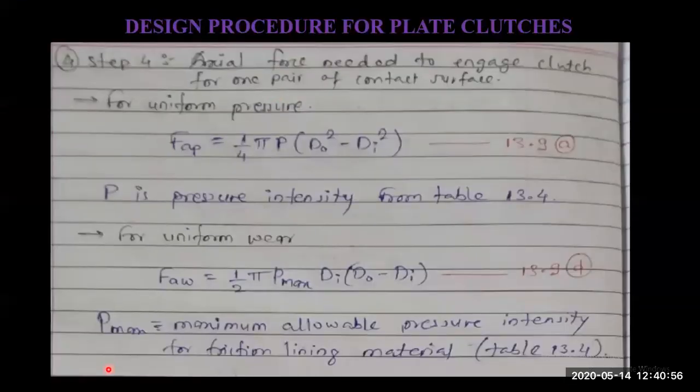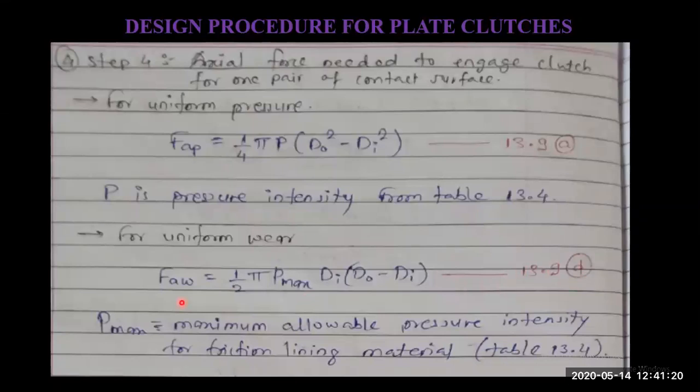Just say that and go back here again. For uniform pressure and uniform wear, you have two different equations. Since it's given as uniform wear, we'll use this equation, which is given in equation 13.9d. This is in the Mahadevan data handbook, which I have uploaded already in edit. Only download that and use it.